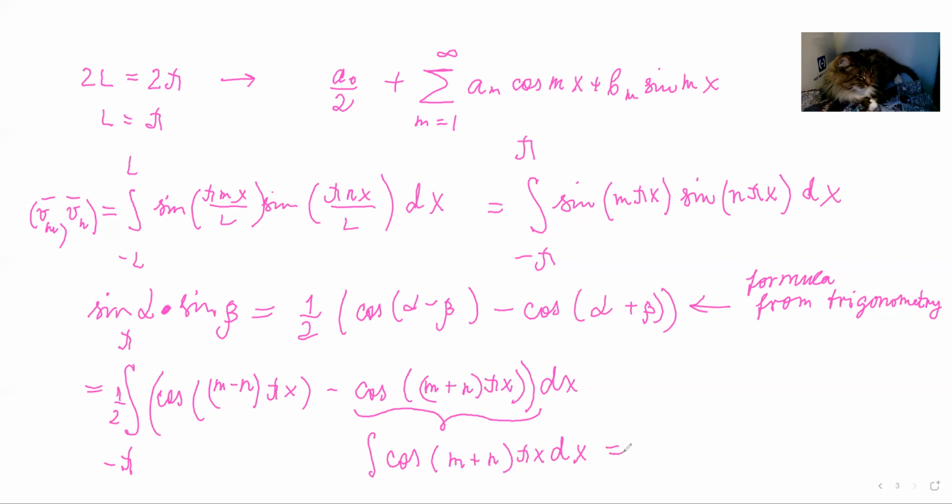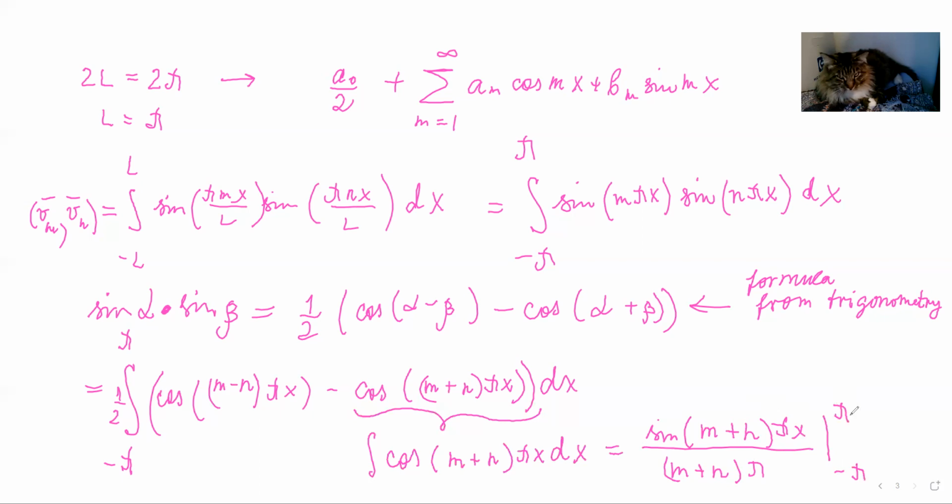Integral of cosine is a sine of m plus n pi x, and we'll need to divide by m plus n pi, just because that's a coefficient of x. And we need to do substitution from minus pi to pi.